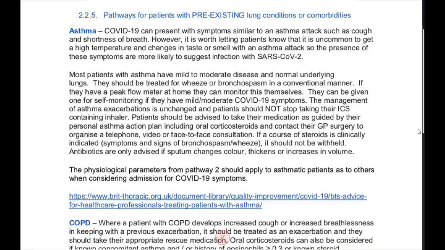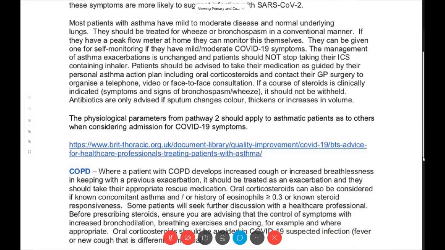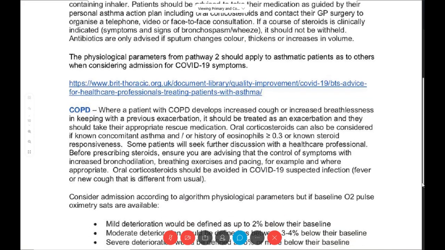So they should not be advised not to take their oral steroids. With COPD, it's a slightly different matter because in COPD, the oral steroid course is not necessarily life-saving. What steroids do with COPD is that they may reduce the duration of symptoms at that time. So it's not something that is going to make a huge difference to what's going on.